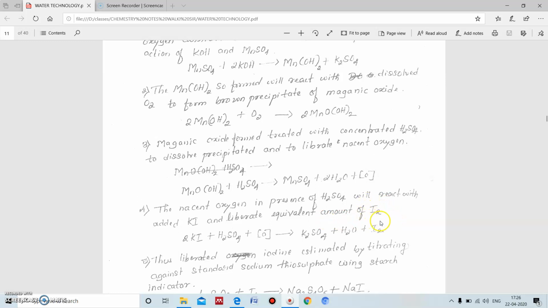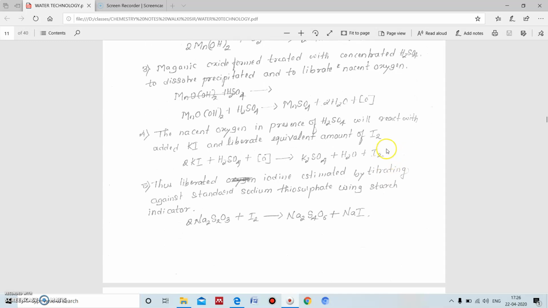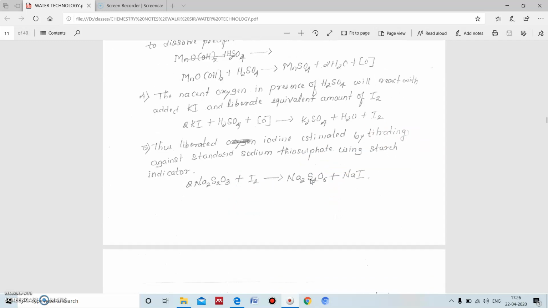To this iodine-containing solution, we add the starch indicator. This iodine forms a weak complex with the starch indicator, that is, a blue colored complex is formed. And this blue colored solution is titrated against the standard sodium thiosulfate till the disappearance of the blue color.